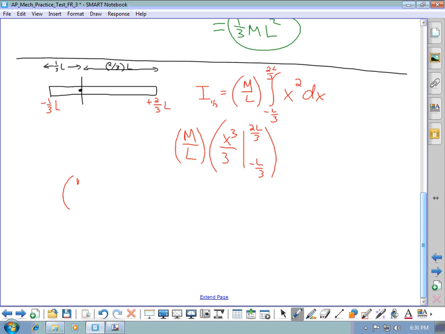So it's going to be m over L times 2L over 3 cubed, which is 8L cubed over 27, divided by 3, minus negative L cubed over 27 divided by 3.